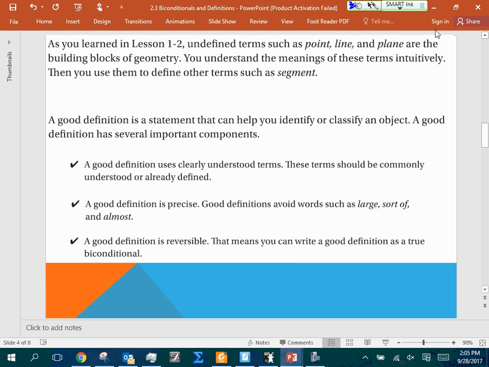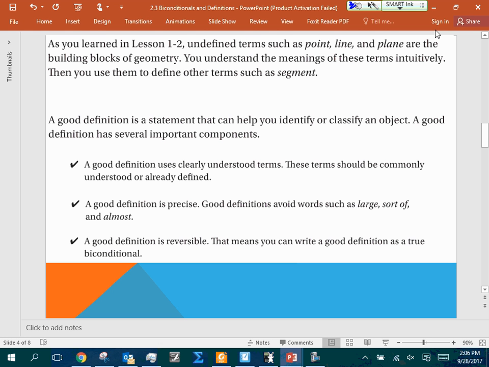A good definition is reversible. Every good definition is reversible, and what that means is that every good definition can be written as a biconditional statement. Think about tests that you've taken in the past. Have you ever taken a vocabulary test where the definition is written out for you and you had to match the vocabulary word?